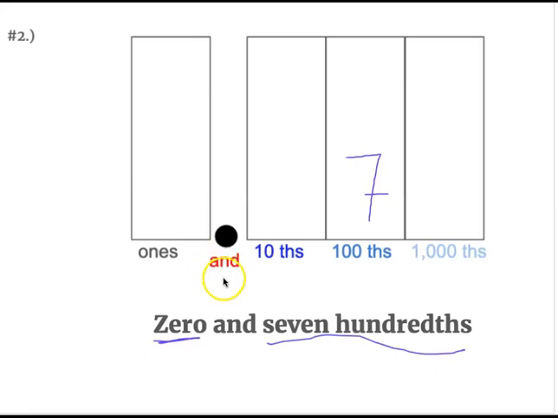The 0 comes before the decimal point, so we have to put a 0 here. Do you remember what goes right here? We have to put a 0 placeholder. Did you remember that? So we have 0, 0, and a 7. 0 and no tenths, just 7 hundredths.